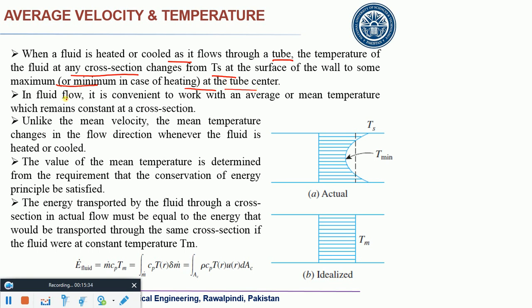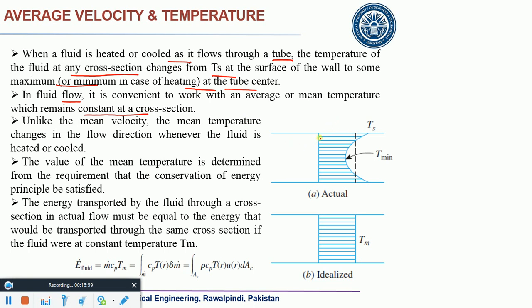Right? In fluid flow, it is convenient to work with an average or mean temperature which remains constant at a cross section. Why? Because in industrial flows, you don't always keep sticking with the mathematical things. You have to find out something very convenient to work with, and generally those are the mean properties. Okay, so generally we talk about this mean flow, but what is the problem?